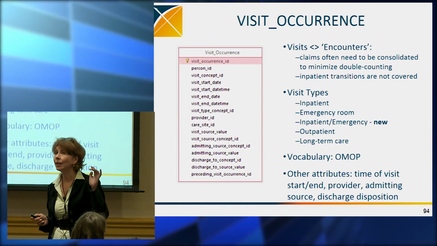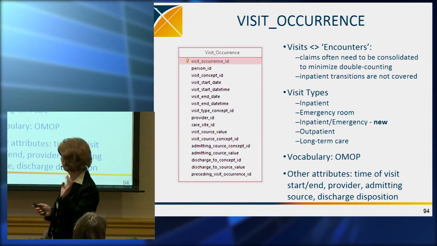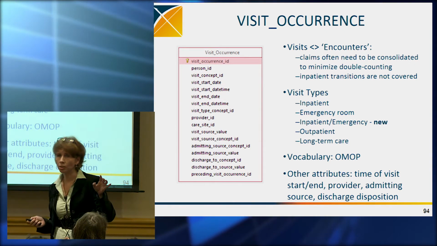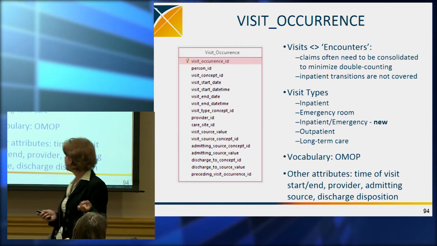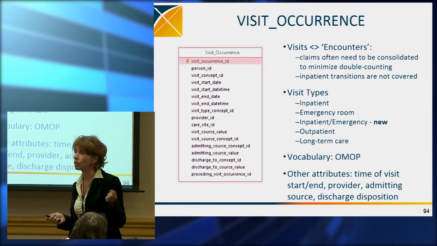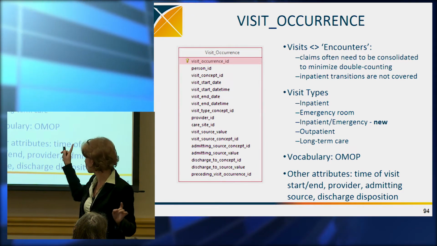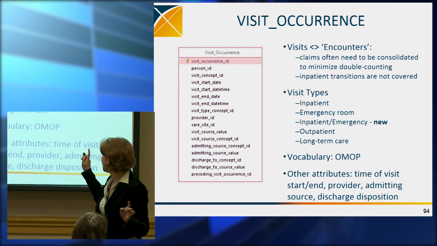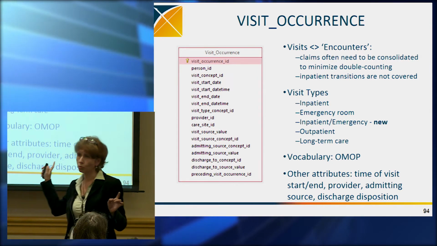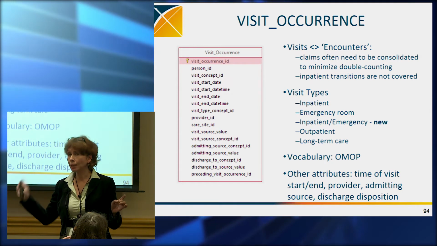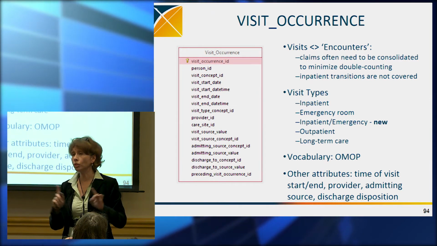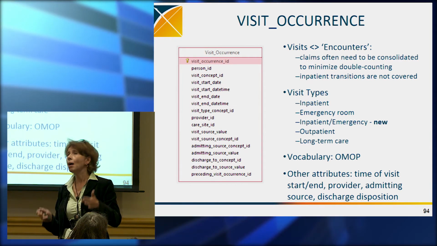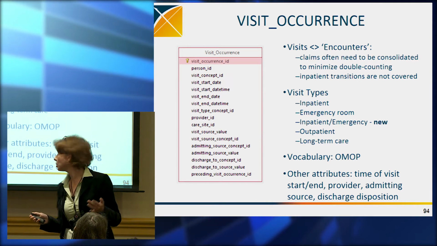Here we have a high level of 5 types of visits, which are outpatient visits and inpatient visits. We have an emergency room visit type and a combined inpatient and emergency room visit. This is done because not in all the source systems can we differentiate and break them unambiguously into 2.